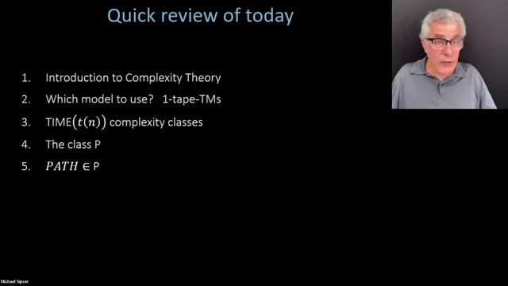Somebody's asking me about my personal opinion on P versus NP. My personal opinion is that P is not equal to NP, and that we will prove it someday. When I was a graduate student back in the mid-'70s, I thought it would be solved by now. In fact, I made a bet with Len Adelman, who subsequently ended up becoming the A of the RSA code, that we would solve it by the year 2000.